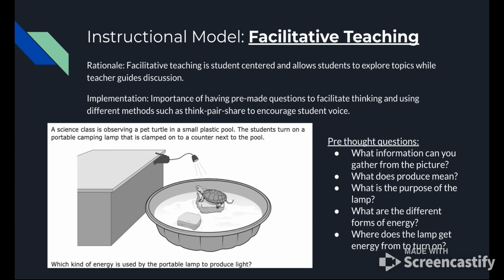Then I do want to push them towards talking about producing. What does produce mean? Now, also, I want to push them to think about what is the purpose of the lamp? Why is the lamp even there? And then thinking about the different forms of energy. And then lastly, thinking about where the lamp can get energy from in order to turn on.